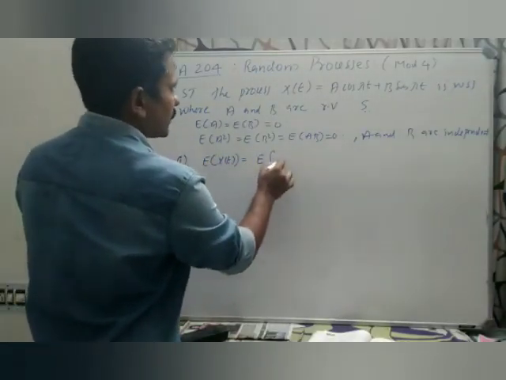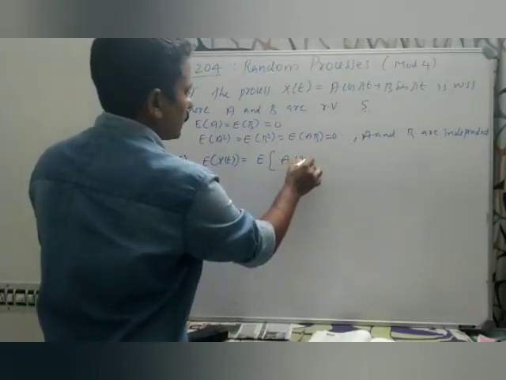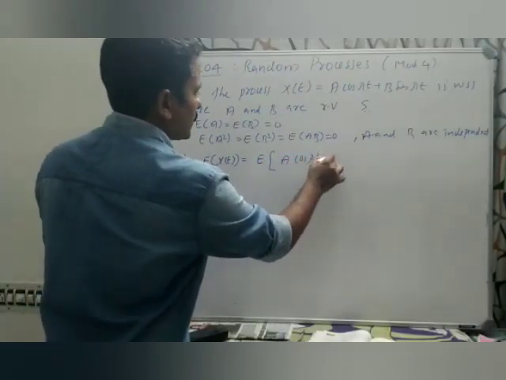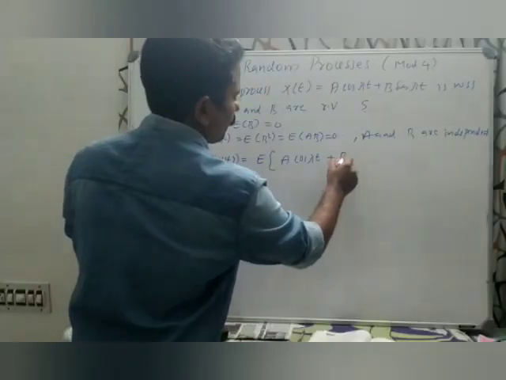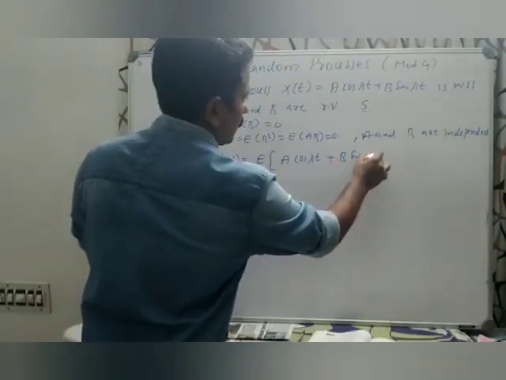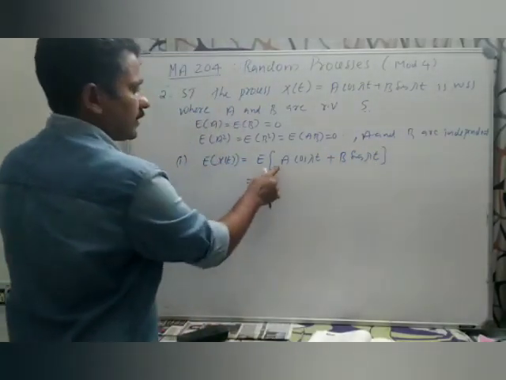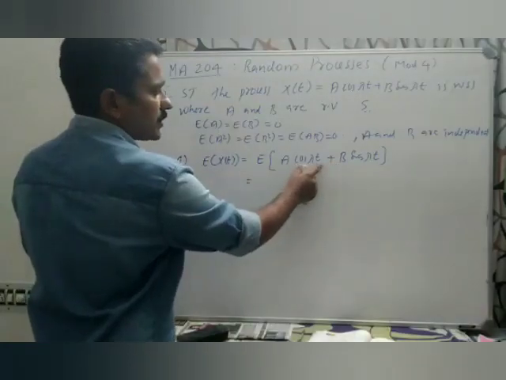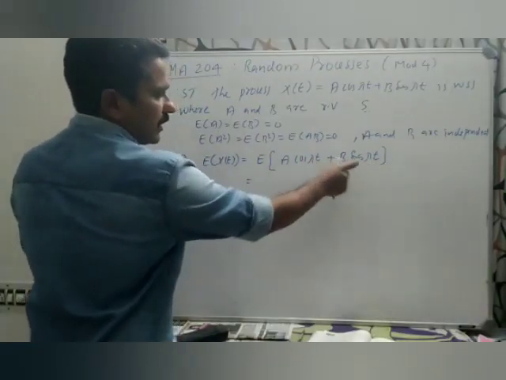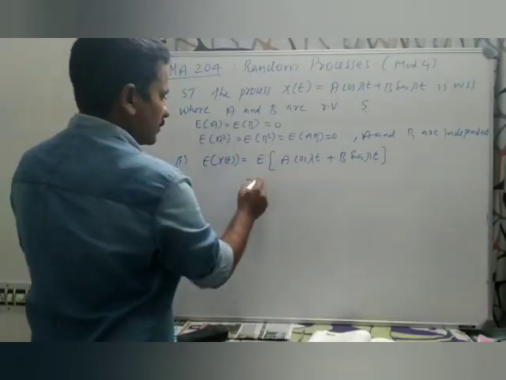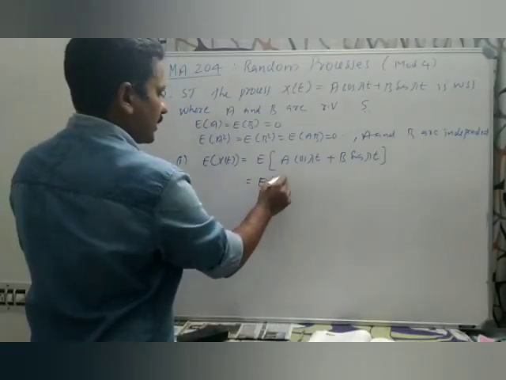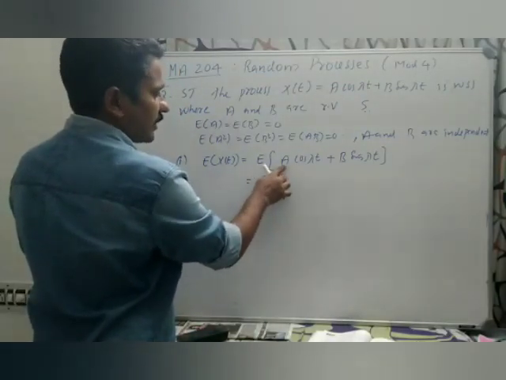So, it's expectation of a cos lambda t plus b sin lambda t. A and b are random variables. Cos lambda t and sin lambda t are deterministic values. So it's enough to take the expectation of only random variables.